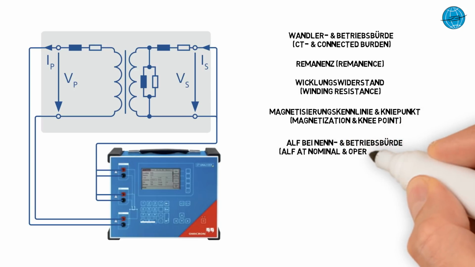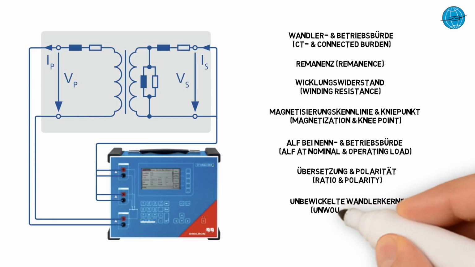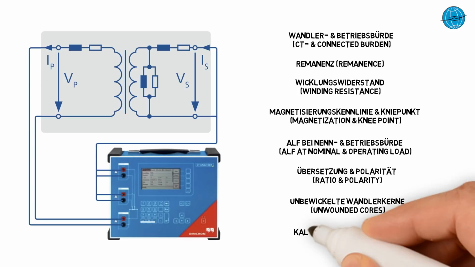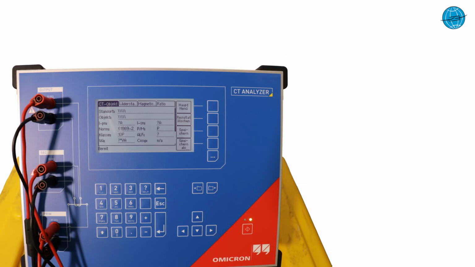Analysis of the limit accuracy factor ALF at nominal and operating load. Measurement of the transmission ratio and the polarity. And even measuring of unwound current transformer cores using a special cable. In addition, the CT Analyzer can be used to calibrate CTs.